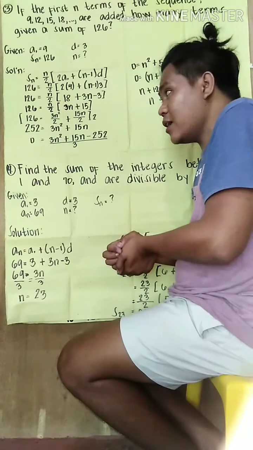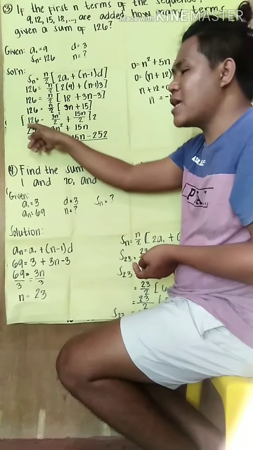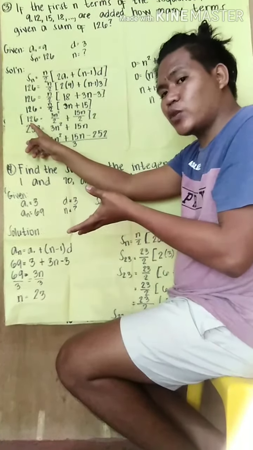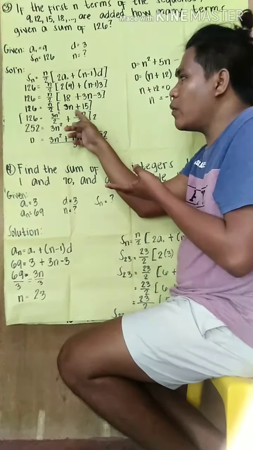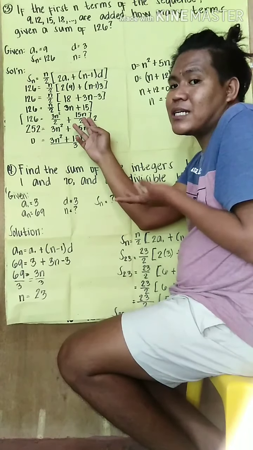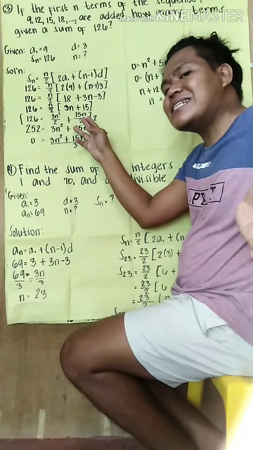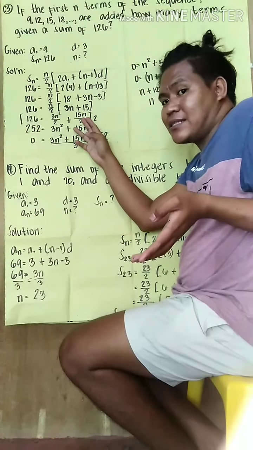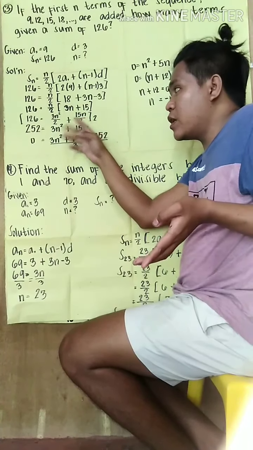Since our term here does not have a denominator, and the two terms on the right side have the same denominator, that is our LCD. So that is 2.